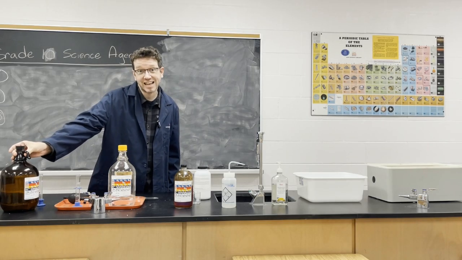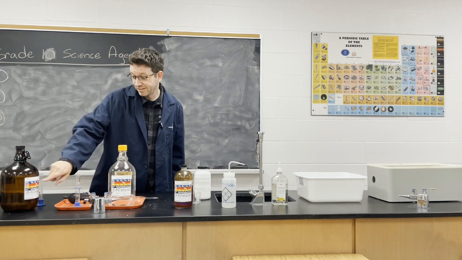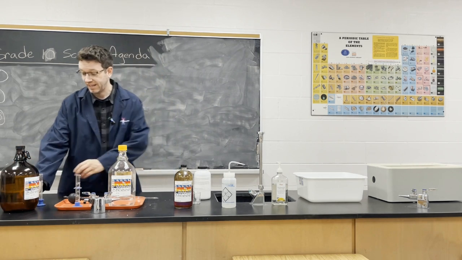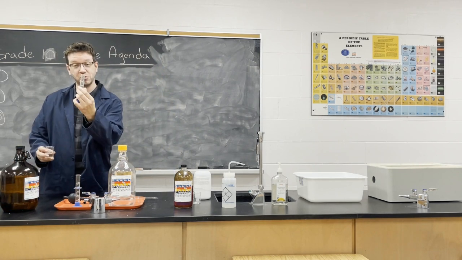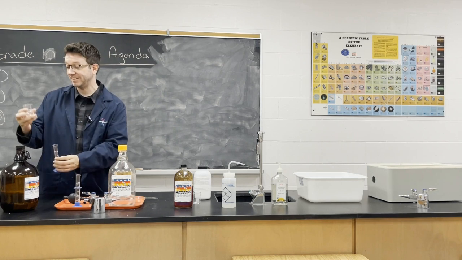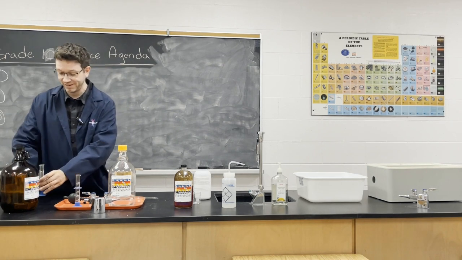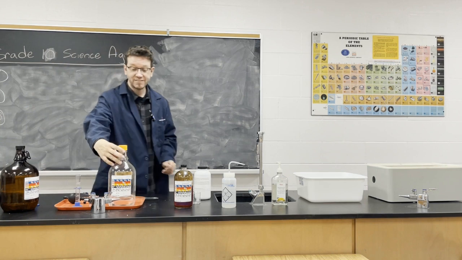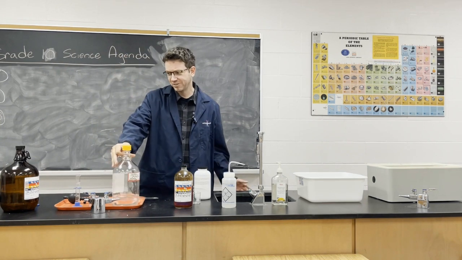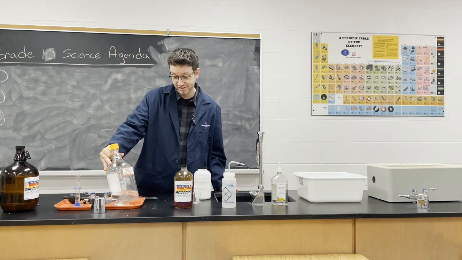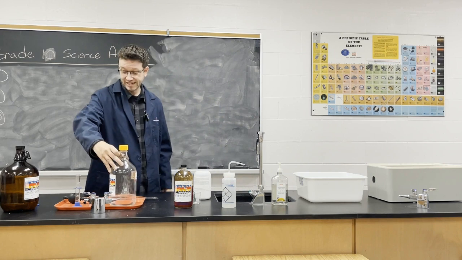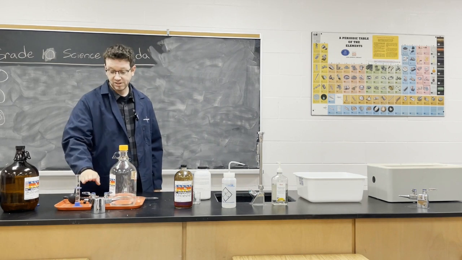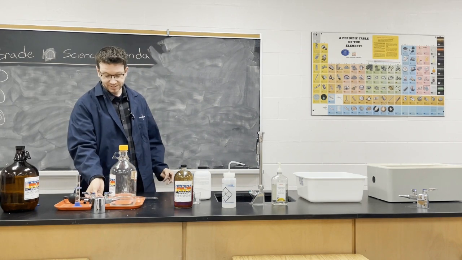So you're going to need some oxalic acid, and it is 0.1 molar. And then I also have a small 25 milliliter graduated cylinder, a small 50 milliliter beaker. Then I have sulfuric acid. Now these are all fairly low concentrations. This one is 0.5 molar. Again, with a small beaker and graduated cylinder.